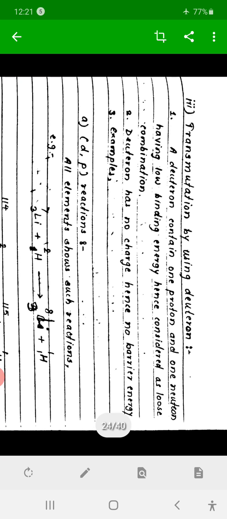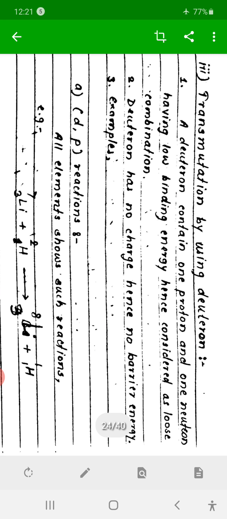Then transmutation reactions using deuteron as a projectile. Deuteron is an isotope of hydrogen which contains one neutron and one proton. Therefore, mass number 2, atomic number 1, that is H12 or D12.